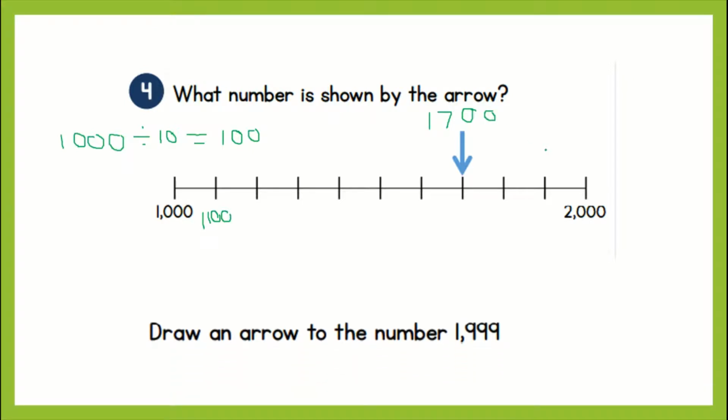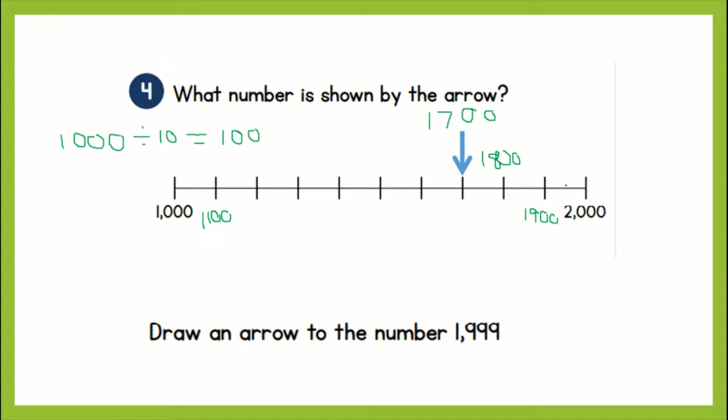The second part of this question is to draw an arrow to the number 1,999. We know that each of these lines go up by 100 each time, so this line here would be 1,800. This line here would be 1,900. So we know that the number 1,999 is going to be between these two lines.